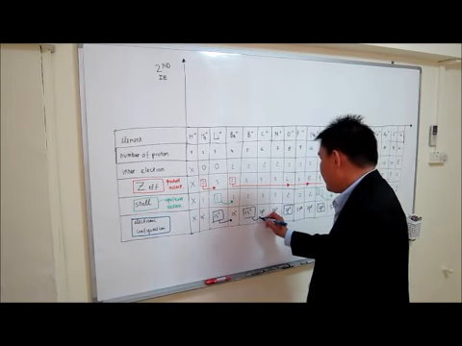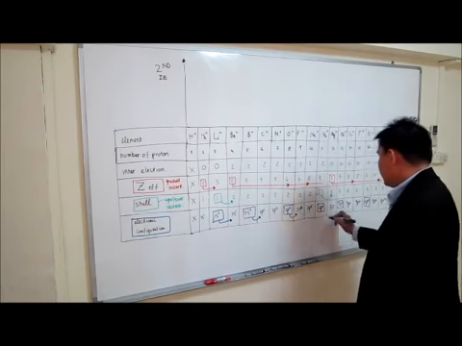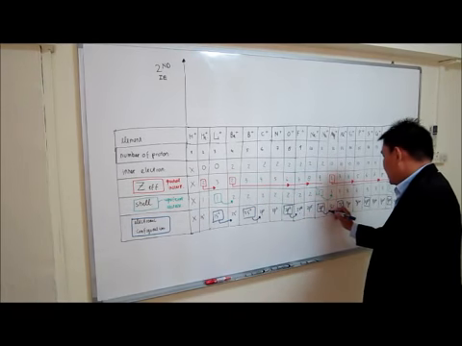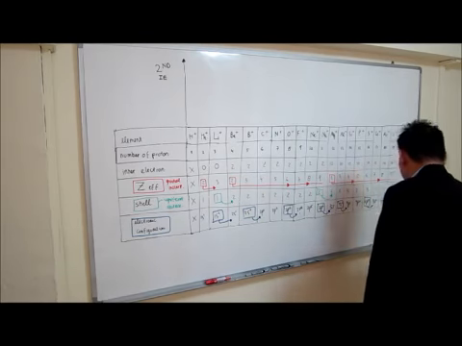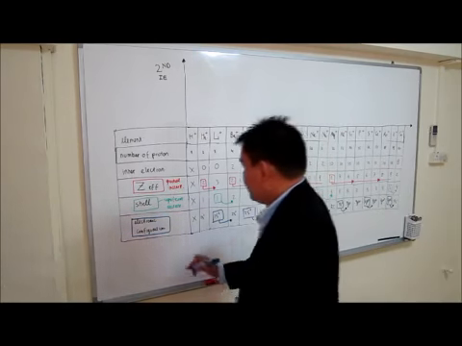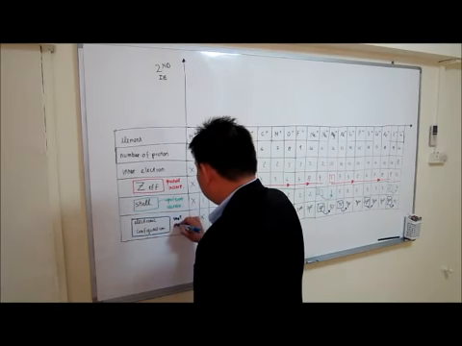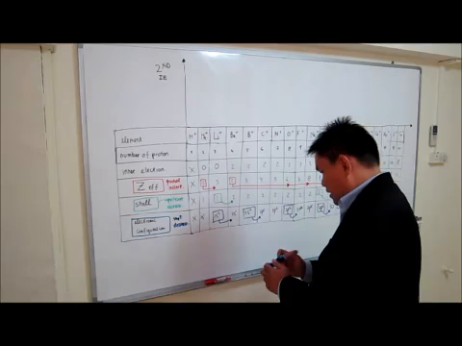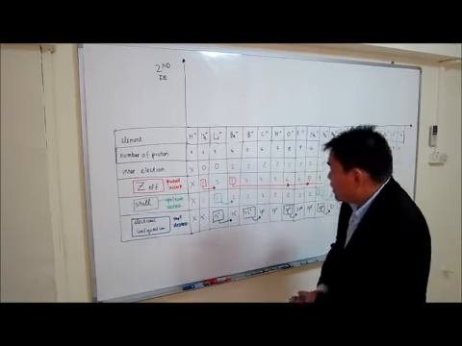So the one that we mark with blue color here represents a slight decrease of second ionization energy, right? Small decrease. And we can start drawing now.